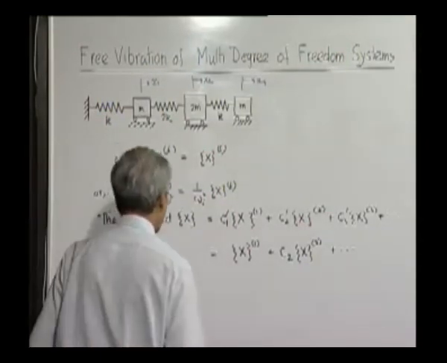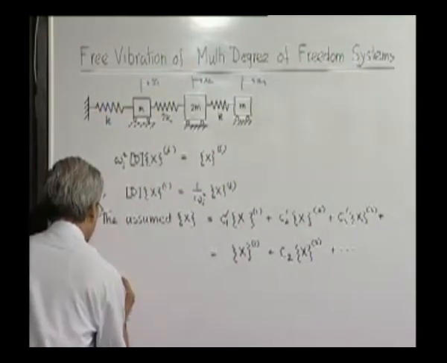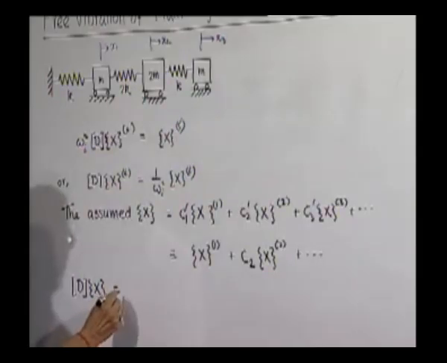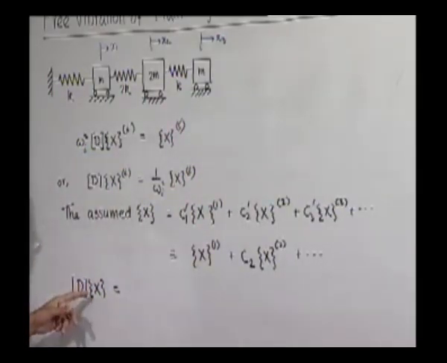Fine. So, now if I apply this D into x, that means when I pre-multiply x by D, what does it mean?